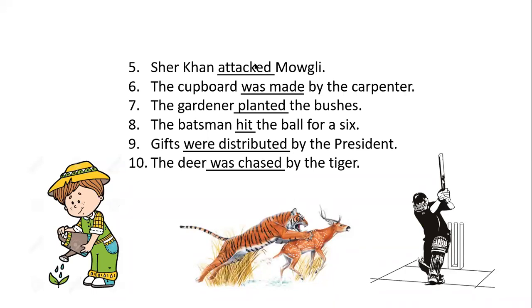The gardener planted the bushes, active voice. The batsman hit the ball for a 6. Again, this is active voice. Gifts were distributed by the president, passive voice. The deer was chased by the tiger, again, passive voice.